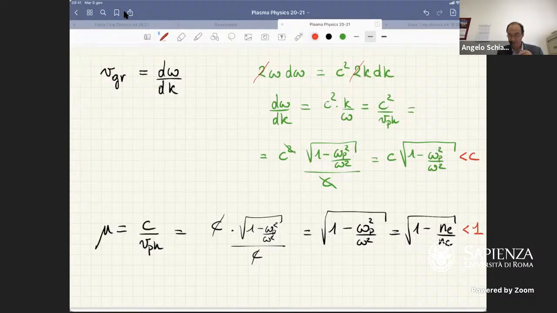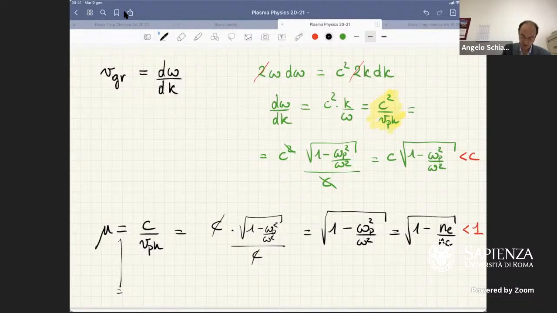Let's rewrite it using the group velocity. We see that the group velocity is equal to c squared divided by the phase velocity. So the phase velocity is c squared divided by the group velocity.